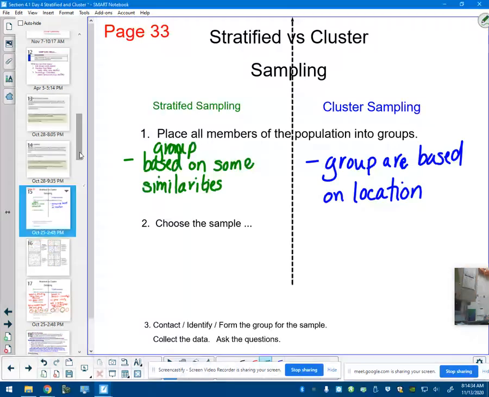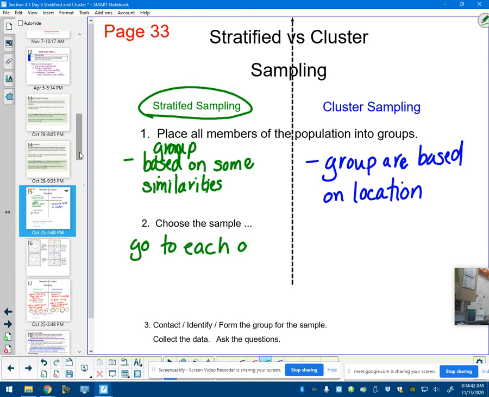Choose the sample. For stratified sampling, you're going to go to each group and choose a simple random sample. But for cluster sampling, it's a little bit different.